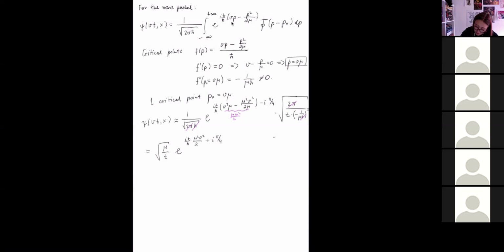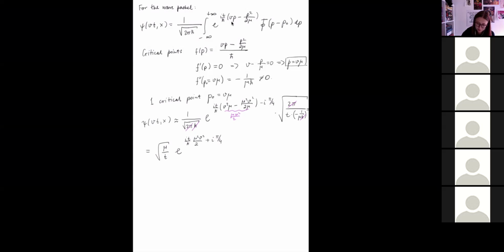Because we were taking out the square root of minus 1 here, which would turn into plus i pi over 2, e to the power plus i pi over 2, and then here we would have minus i pi over 4 plus i pi over 2, which would lead to plus i pi over 4.